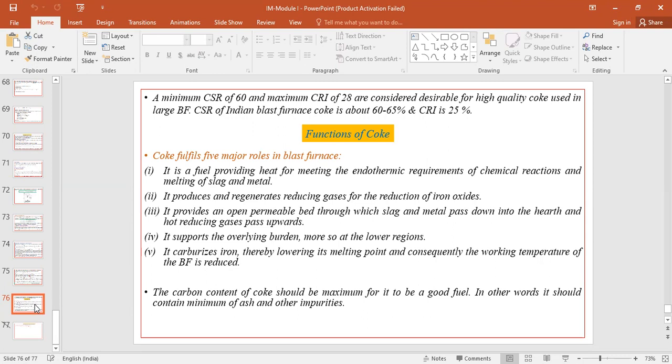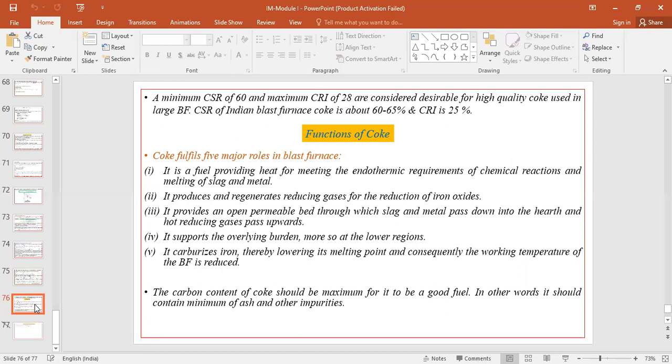It is a fuel providing heat for meeting the required temperatures inside the blast furnace. Because the blast furnace iron making process is a complex reactor where a lot of endothermic and exothermic reactions take place. So the amount of heat required for the reactions to take place will be supplied through the fuel.